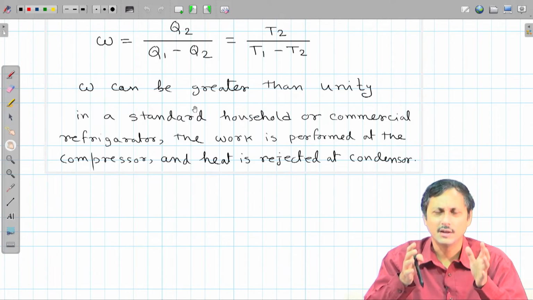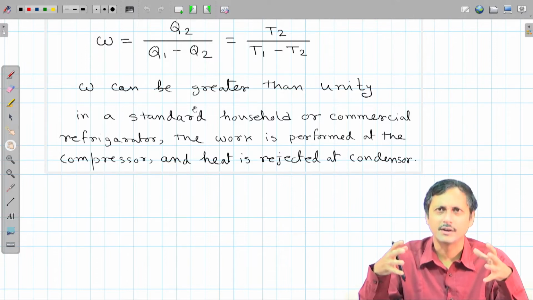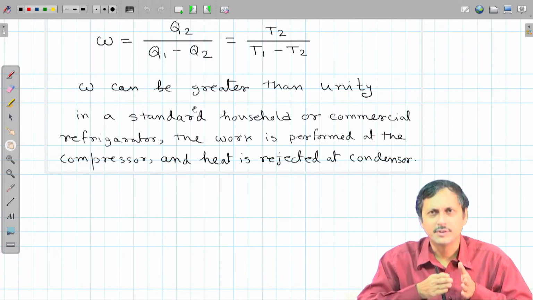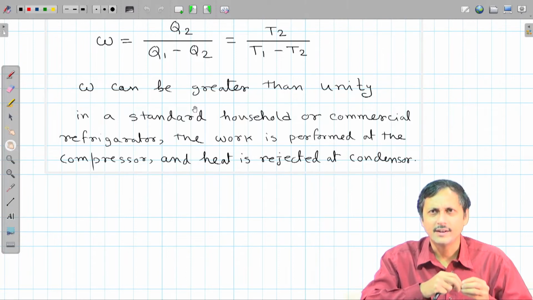So, you can see if it is below critical point, by applying pressure you can actually make a gas into a liquid. Okay.